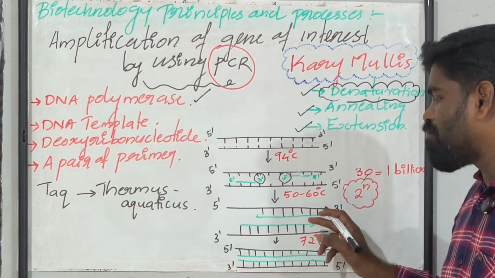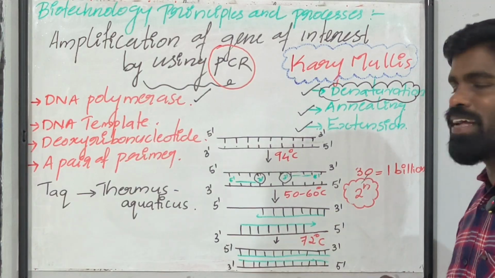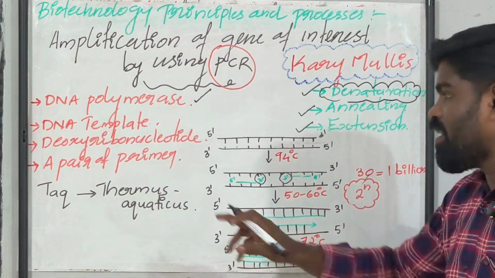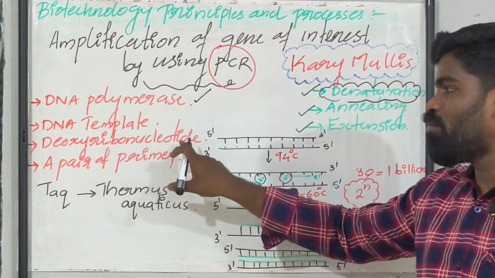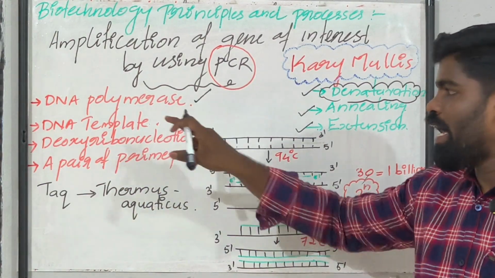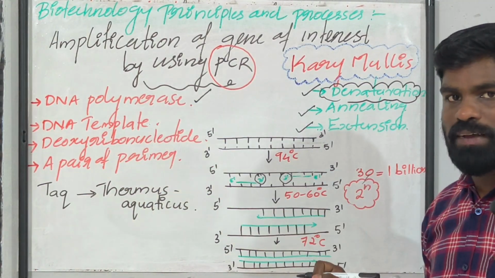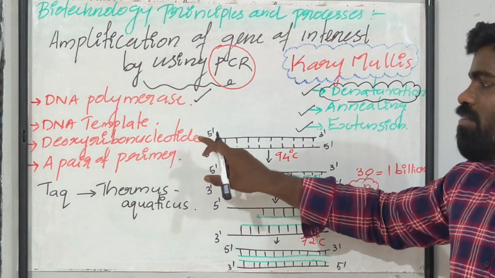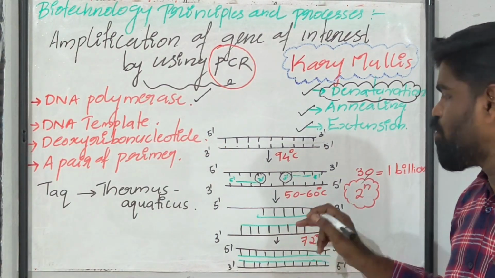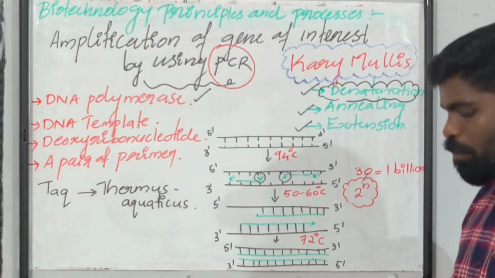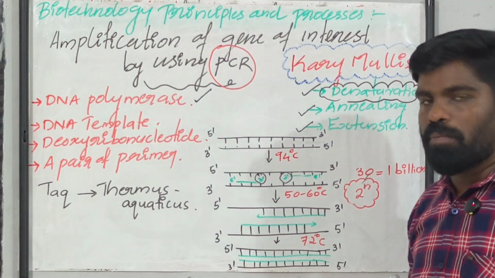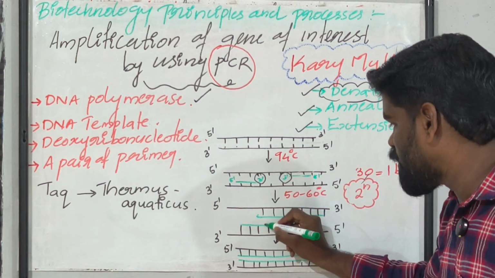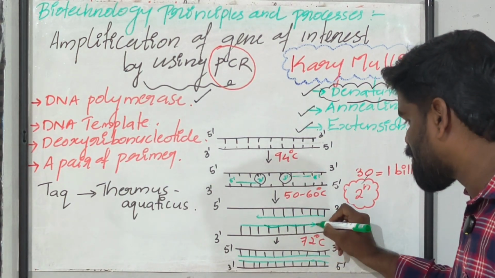Now the last step is extension. In the extension process, as I already told you, deoxyribonucleotides and DNA polymerase enzymes are there. These DNA polymerase enzymes will add the deoxyribonucleotides on the free 3' group of the primer. When they add the nucleotides, the primer extends like this.